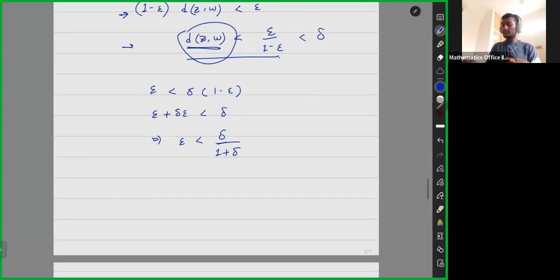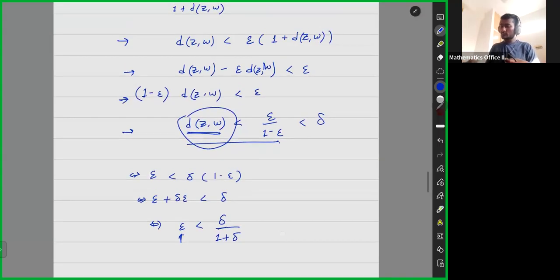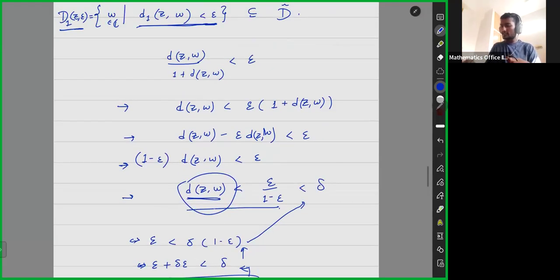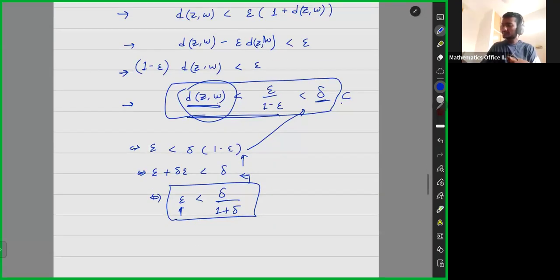So this epsilon will work. Each step is if and only if, so we can go back anywhere, anytime. When we have this condition, we can choose such an epsilon, and from this we get this inequality, and this shows that when d(Z,W) is less than delta, this point W is contained in the ball.